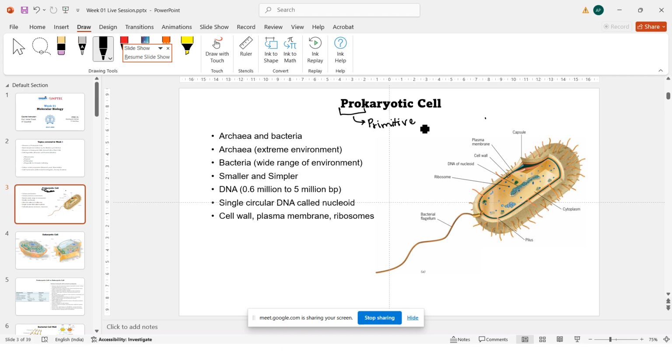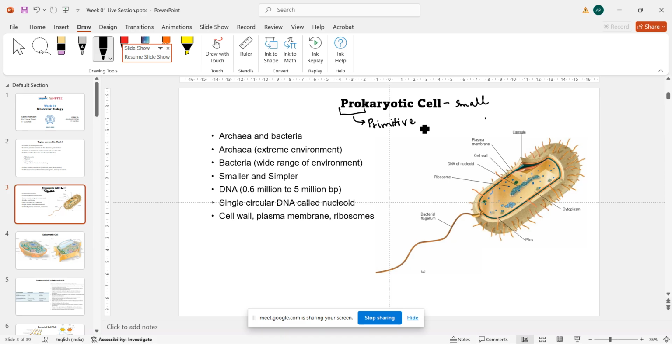So primitive nucleus, or we can say the organisms which have a primitive type of nucleus. Mostly archaebacteria and bacteria come under this prokaryotic cell. They have a very simple structure, and they are very small in size, right?